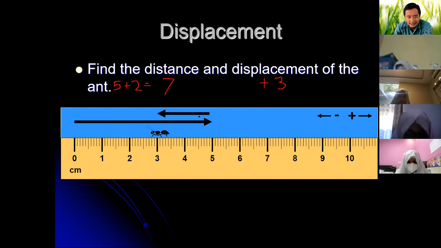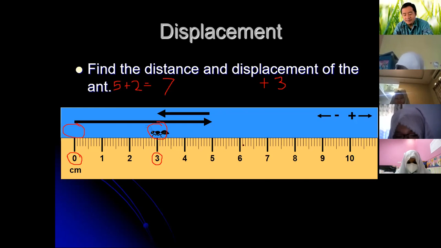Final position, final position at 3, minus initial position at 0.